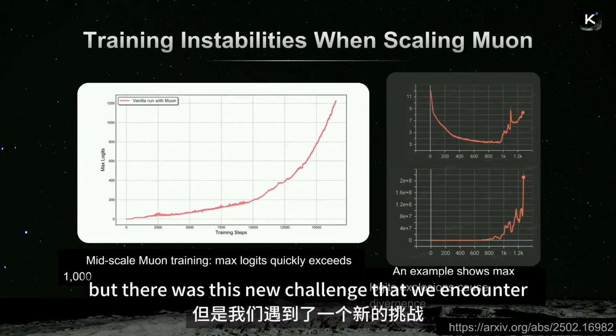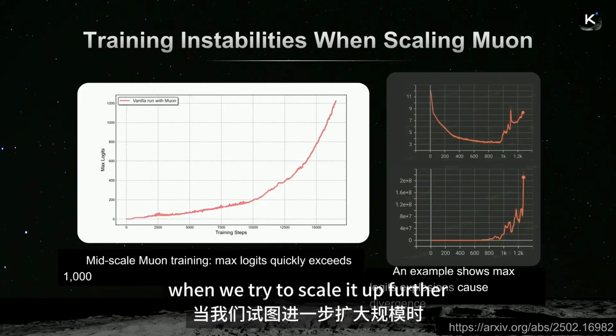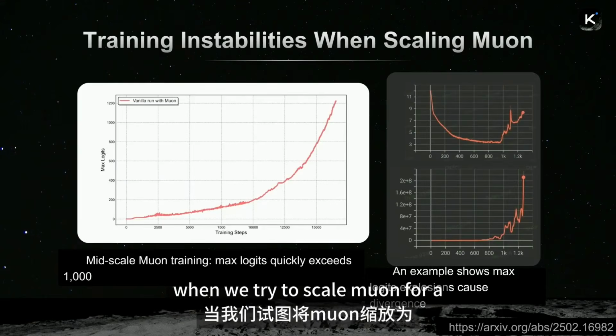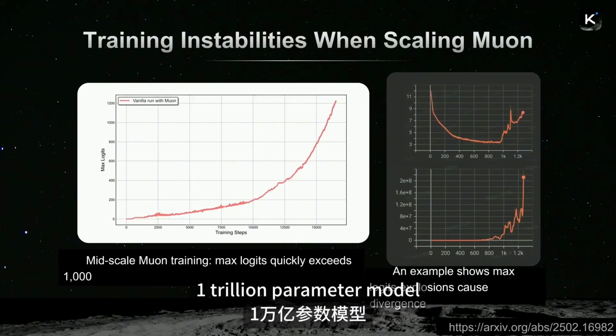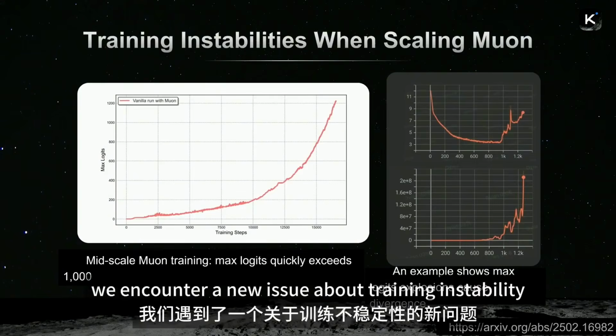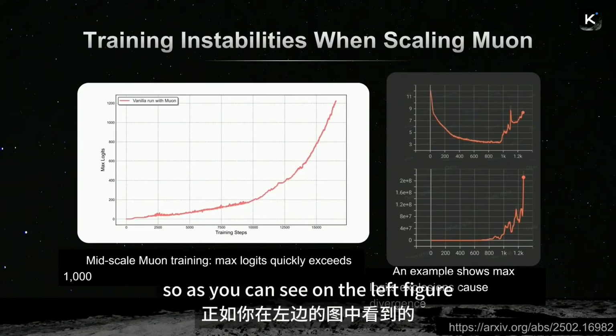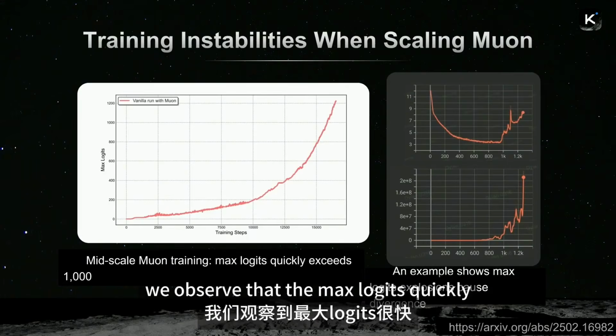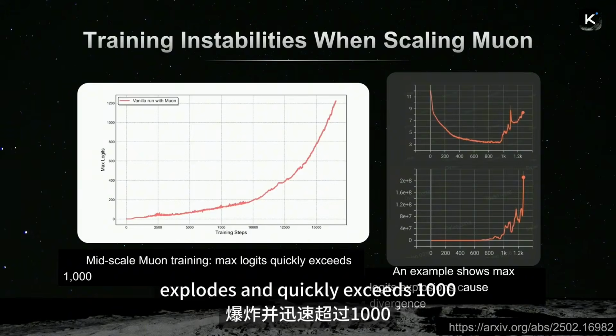But there was a new challenge that we encountered when we tried to scale it up further. When we tried to scale Muon for a 1 trillion parameter model, we encountered a new issue: training instability. As you can see in the left figure, the max logits quickly explode and exceed 1,000.